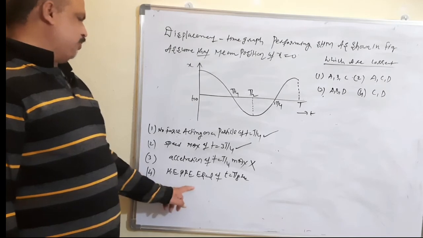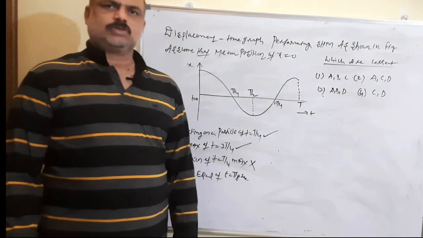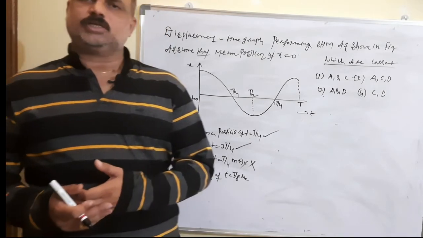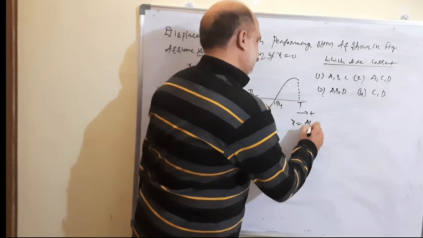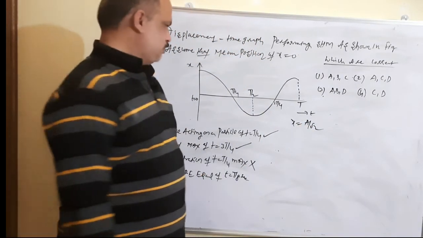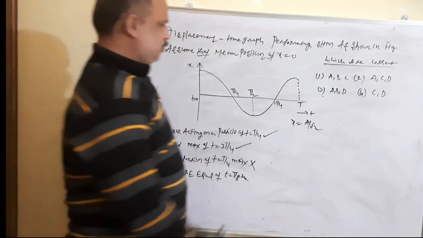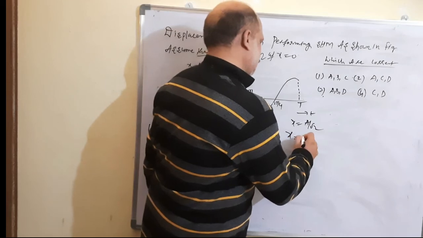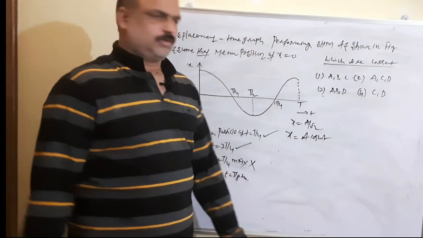Kinetic energy and potential energy are equal at t is equal to T by 8 seconds. Kinetic energy and potential energy are equal at displacement x is equal to A by root 2. Now the particle starts at the extreme position, so we write the displacement equation x is equal to A cos omega t.